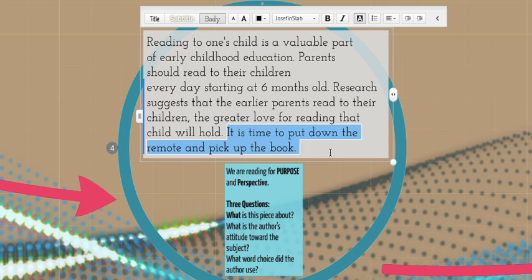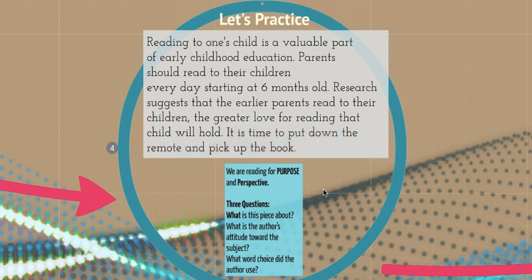In this very last line of the paragraph, the author tells the reader what he or she would like us to do with this information. Put down that remote, stop watching TV, and pick up that book. Read to your child. So the purpose of this piece is to persuade us, if we have young children, to read to them earlier than perhaps we would have.